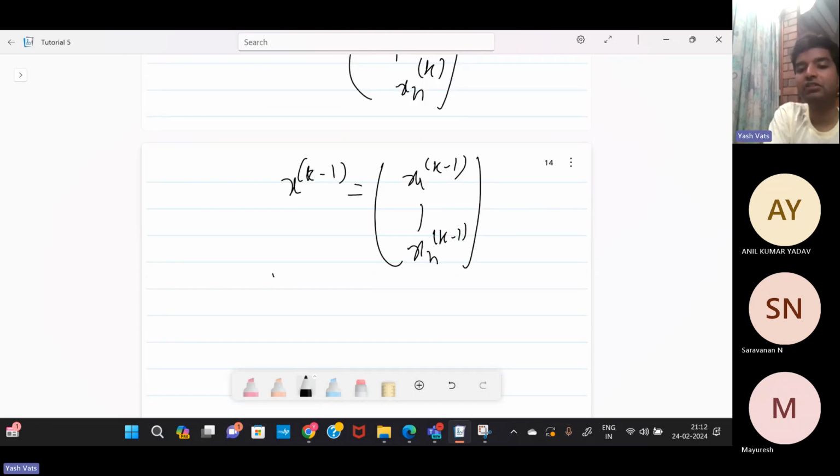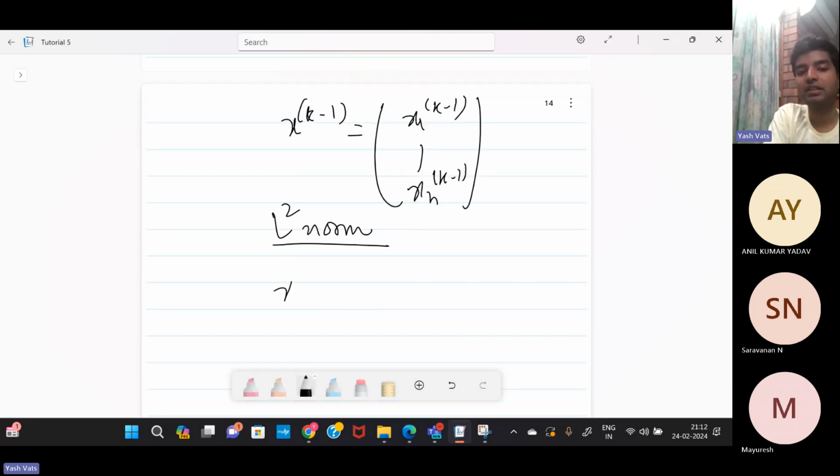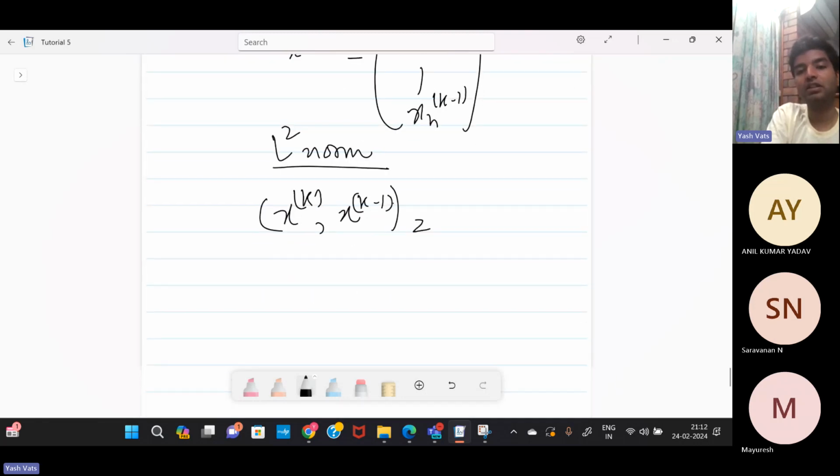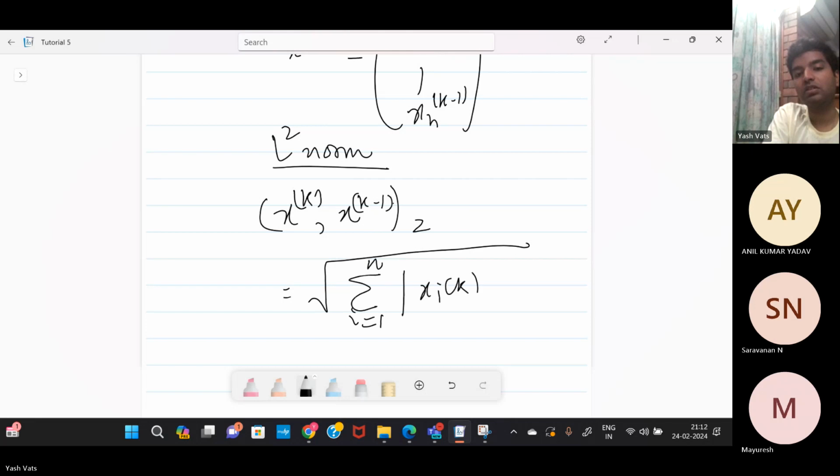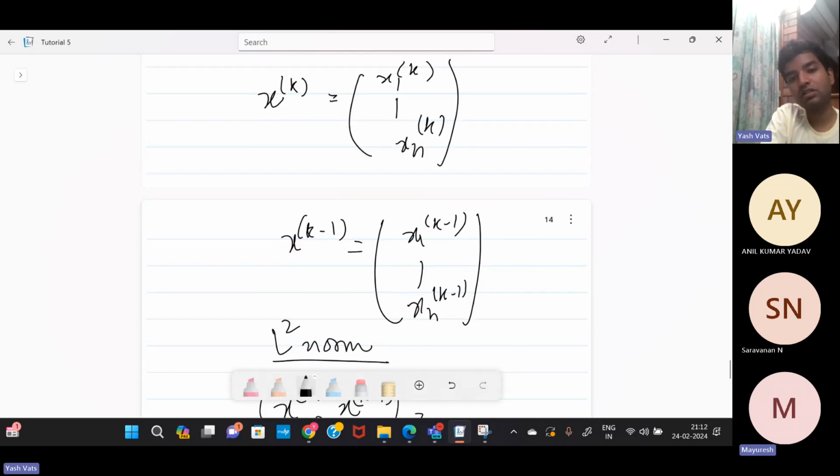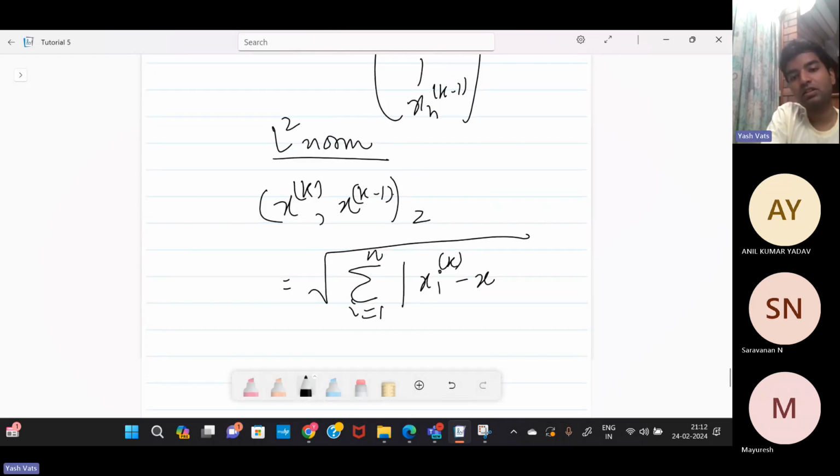Then how do you calculate the L2 norm? It is x_k, and so the L2 norm is basically the summation of x_ik squared, so it is this x_i.